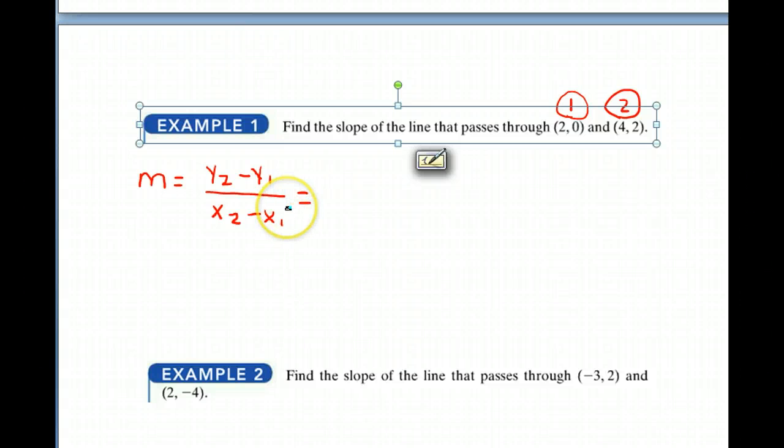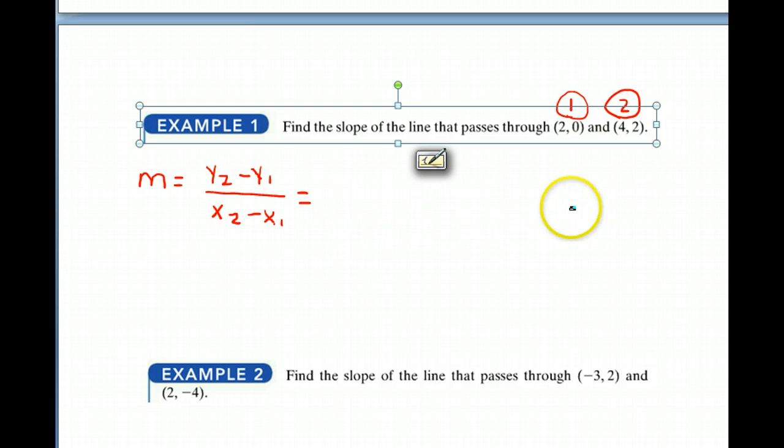What matters is that once you identify one of them as 1 and 2, you make sure that x2 and y2 are put in the appropriate place and x1 and y1 are put in the appropriate place. That is what matters when you're plugging in this formula.